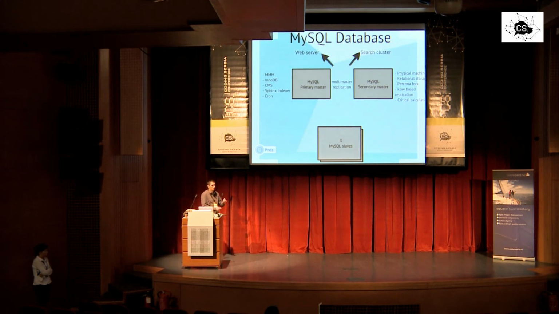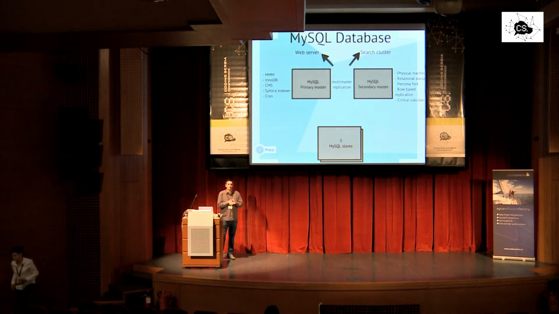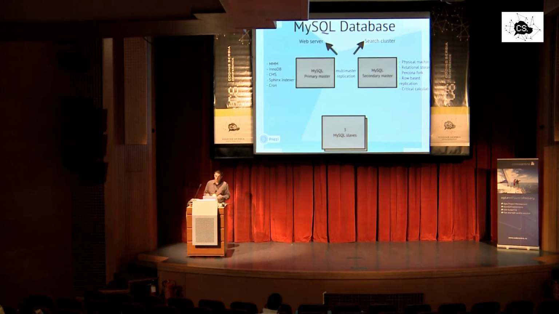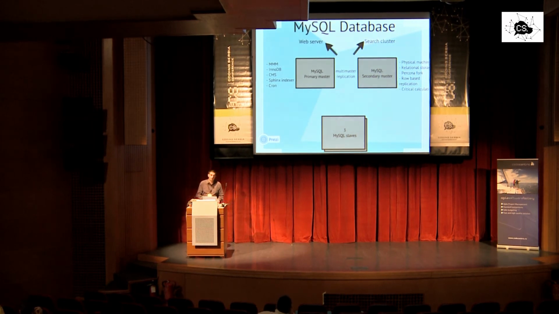So everything else, Sphinx, Redis, web servers, all other clusters can lose their data completely. We can rebuild them from the data from the MySQL cluster. The MySQL cluster holds the data and the relations between them. And that's why we opted to have them as bare metal machines. In some time, we probably will virtualize them as well.